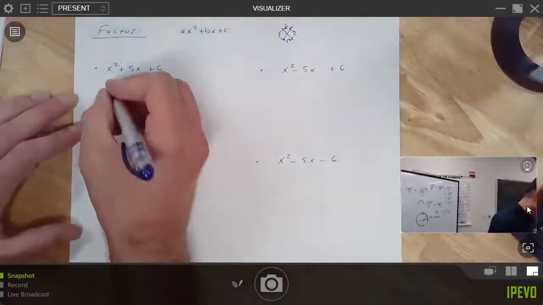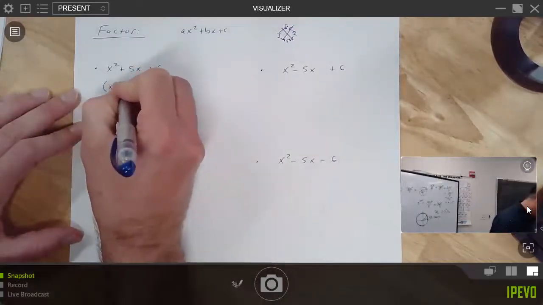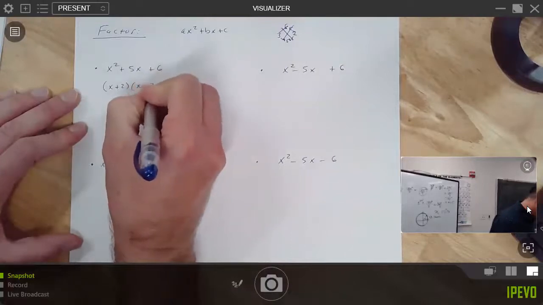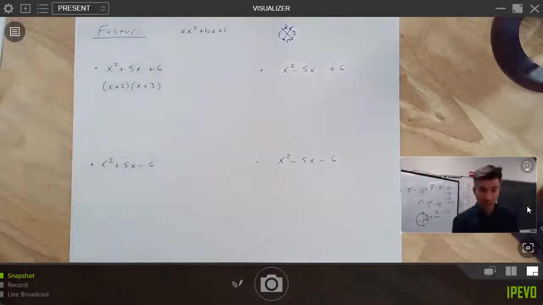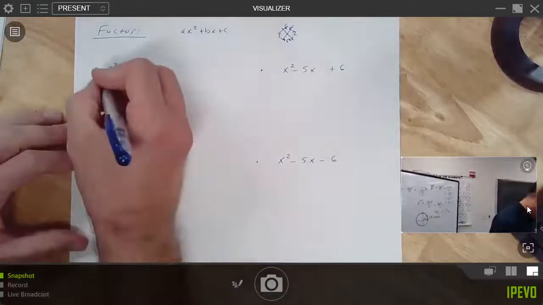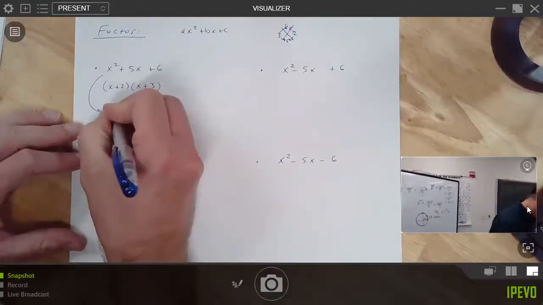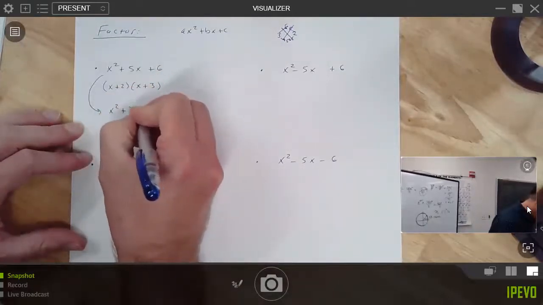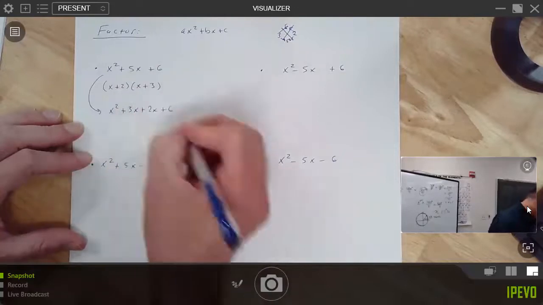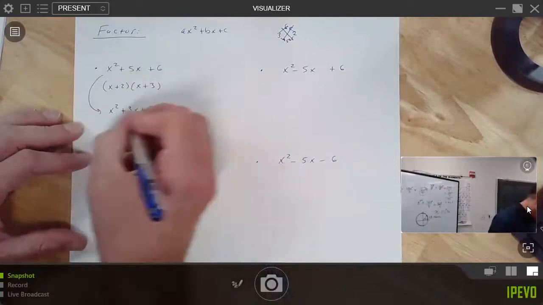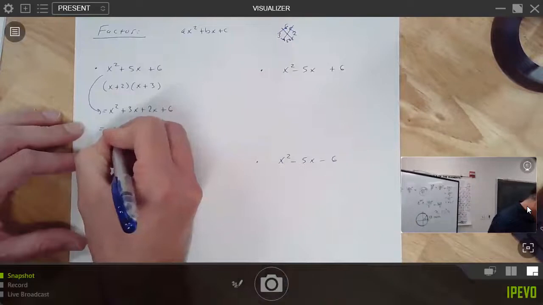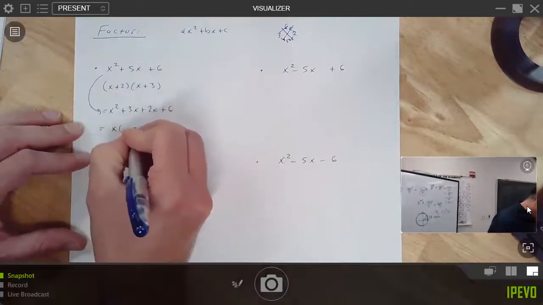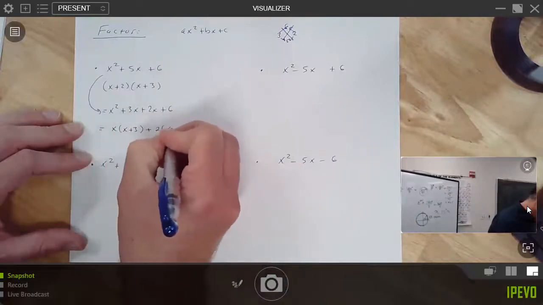So this is going to factor as x plus 2 times x plus 3. Or again, you could take the slightly longer route and say first, oh, it's x squared plus 3x plus 2x plus 6, and then it's x times x plus 3 plus 2 times x plus 3.